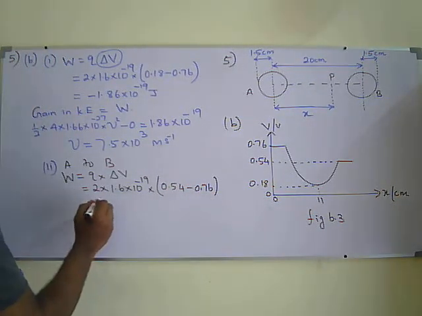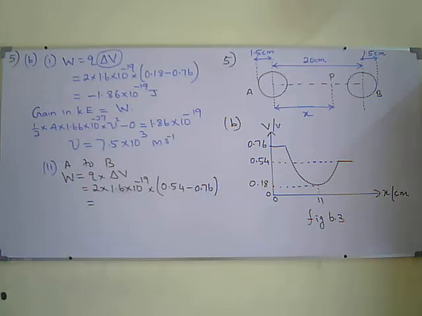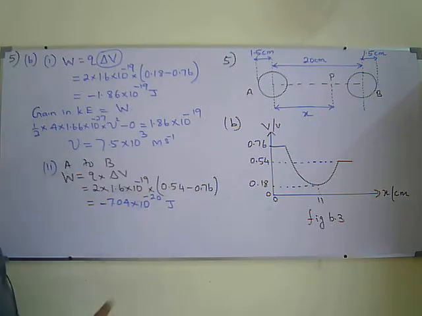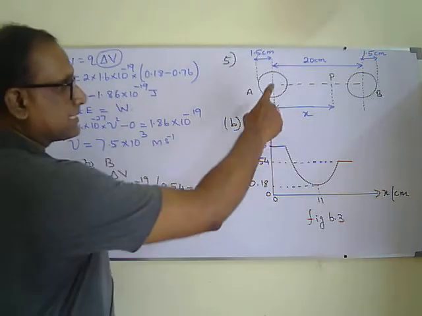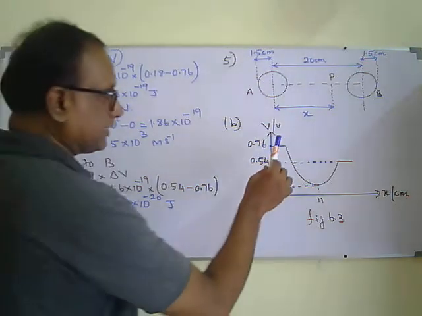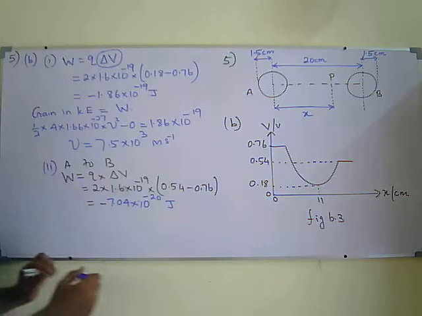So here you will see the work done is going to be a negative quantity. So here minus 7.04 × 10^-20 joules when I consider A to B. So that means again it's going to gain kinetic energy when it moves from A to B, right?